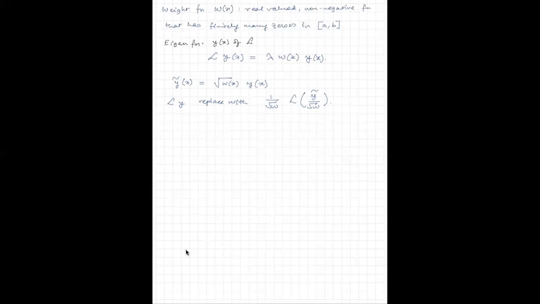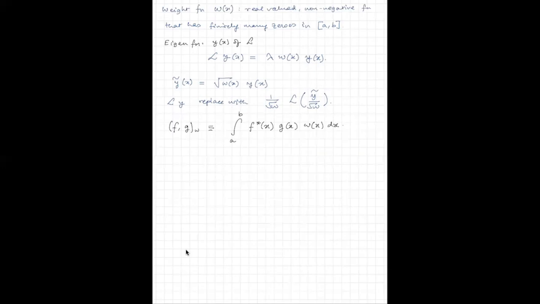Okay. Again, we're going to keep these weight functions floating around. So the inner product of f and g with weight w is going to be defined as the integral from a to b of f*(x) g(x), now multiplied by the weight function.